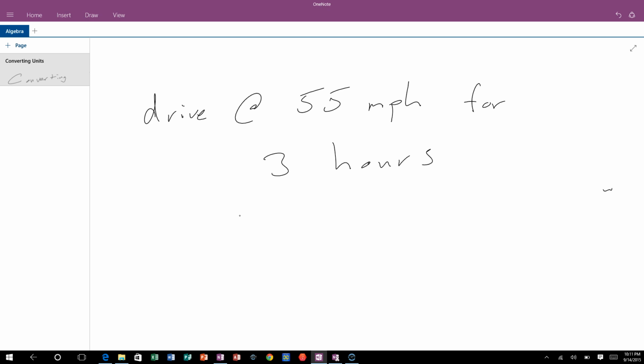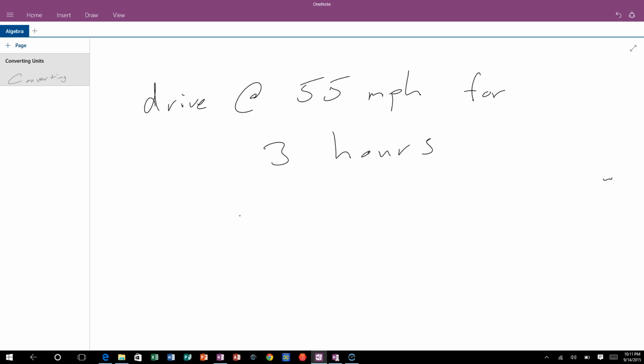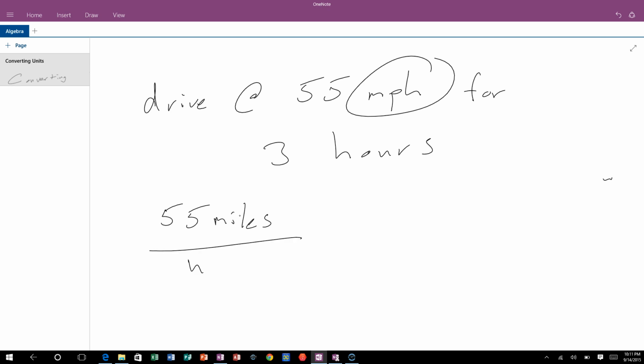We can get the same type of usage here out of what we just did for something, even though the units are a little bit different. Look at this miles per hour. Literally, it's 55 miles per hour.